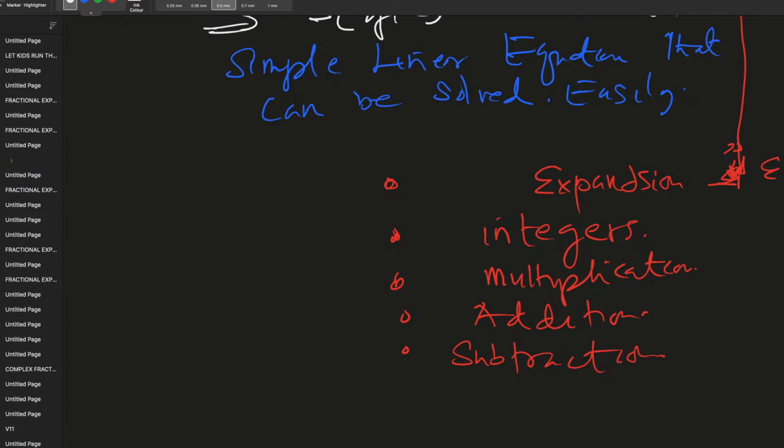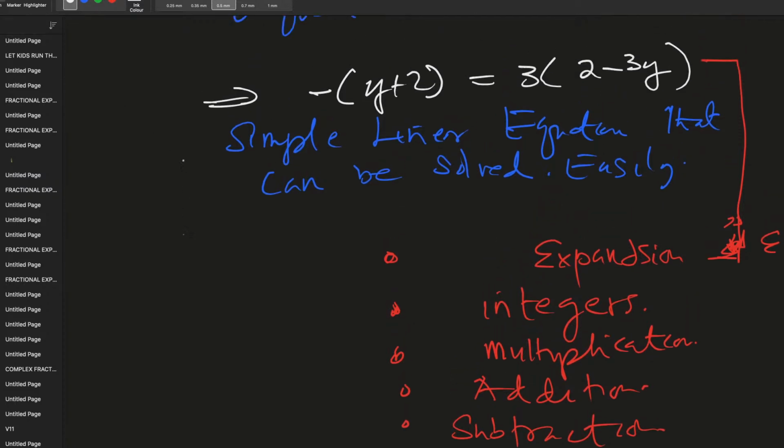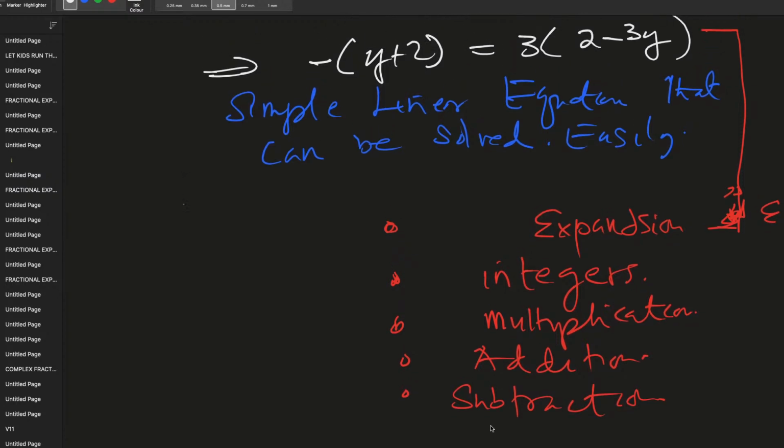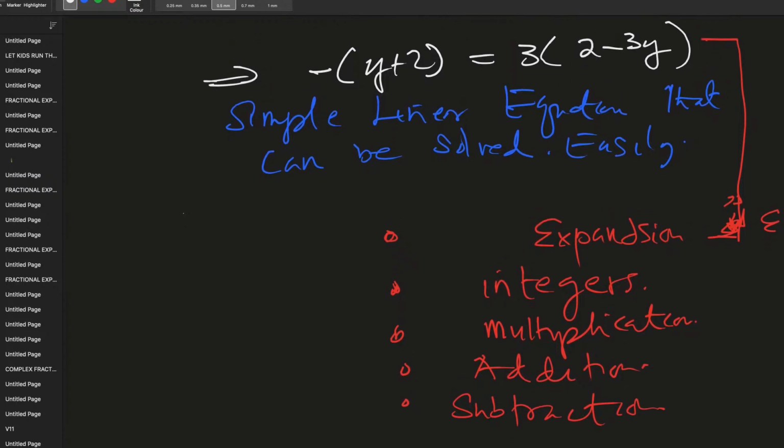So our equation, as we have it, is minus y into the bracket, sorry. Let's replicate it the way it is. So our equation is minus y plus 2 is equal to 2 minus 3y.